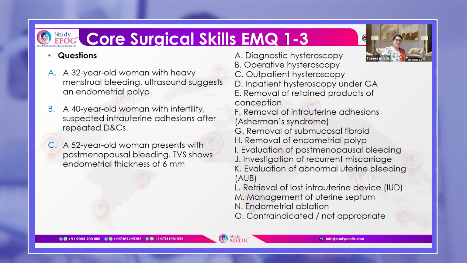And the third question says that a 52-year-old woman presents with postmenopausal bleeding. Transvaginal scan shows endometrial thickness of 6 millimeter. So what can be the suitable option for this woman?